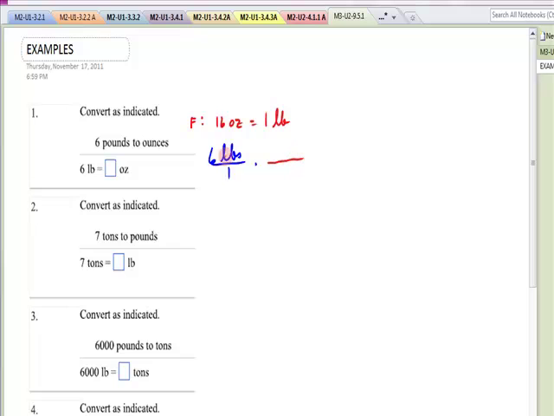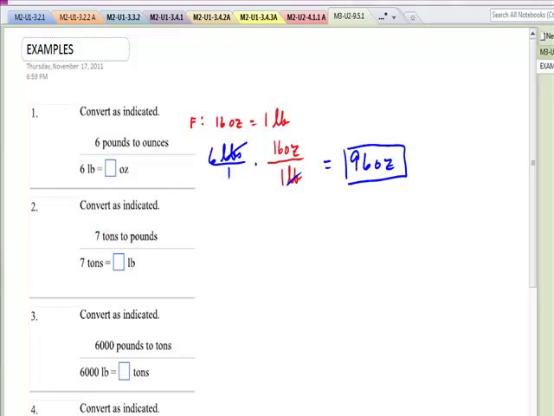I need pounds to go away, so 1 pound is on bottom. That means that 16 ounces has to go on top. Cancel. Pounds are gone. I have 6 times 16, which is 96, and the only unit left is ounces. 96 ounces.